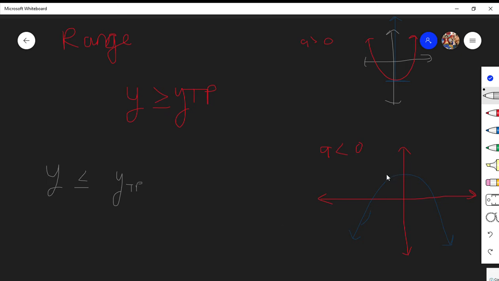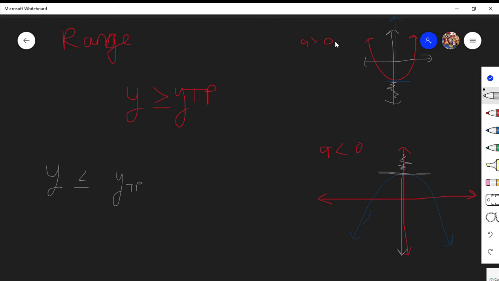So it would be this point over here, and then all those values less than that point, as the graph touches all those y values. You can never say that the graph would be these values up here, because the graph doesn't touch these values.